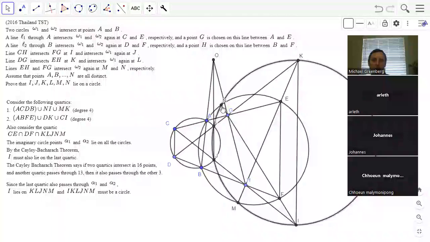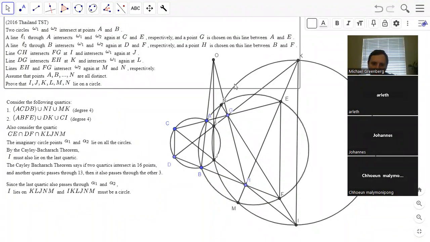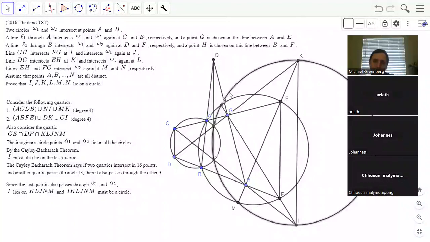Okay, so we don't know the circle passes through M and N, but we know it passes through J, I, K, and L, and we know that it would have the same power with respect to these three. So basically we could let, I'm trying to think about this. Yeah, we just don't know that M and N are the intersection points.